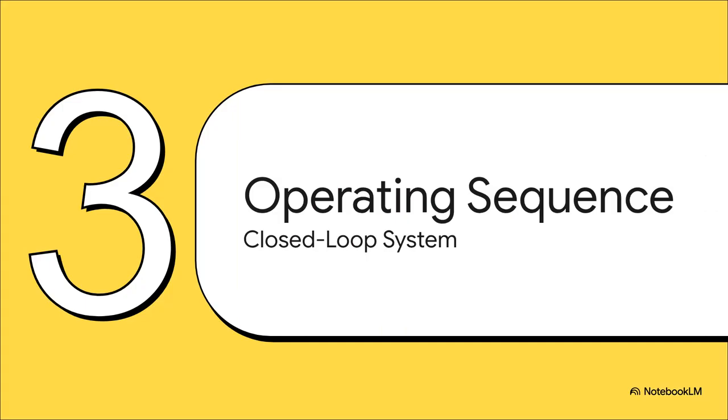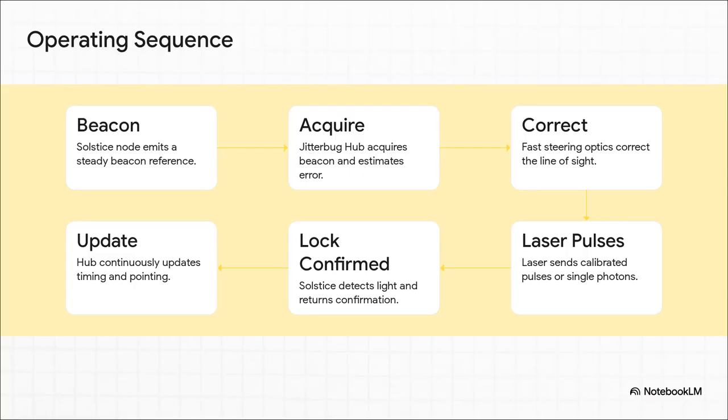Which brings us to Section 3, the laser operating sequence. Let's walk through this sequence step by step, because it brilliantly illustrates that this isn't just some one-way flashlight. It is a full closed-loop control system. Step 1, the Solstice node broadcasts a steady beacon reference. Step 2, the Jitterbug hub sees that beacon and instantly calculates its alignment error.